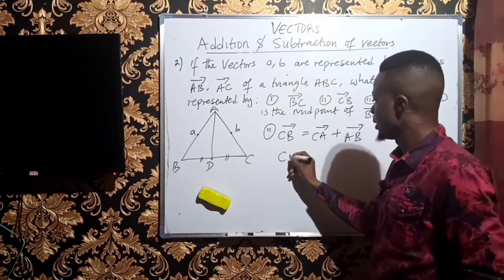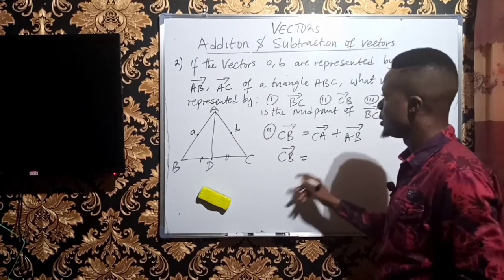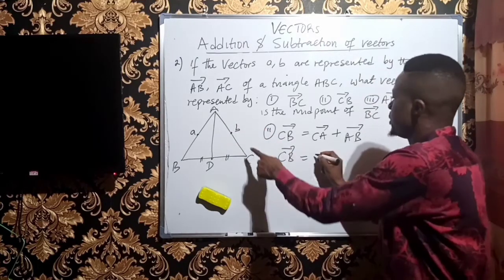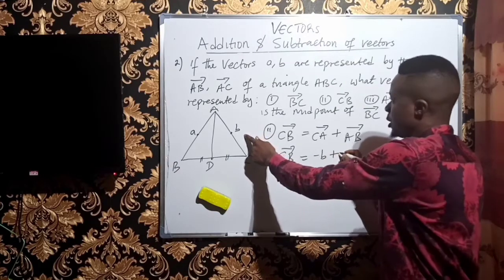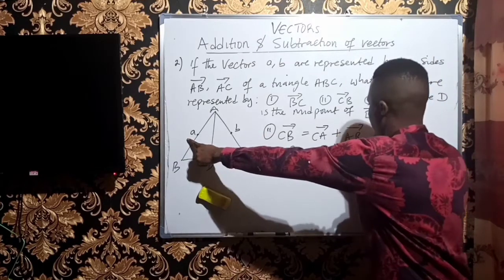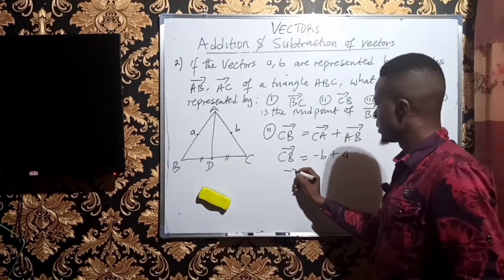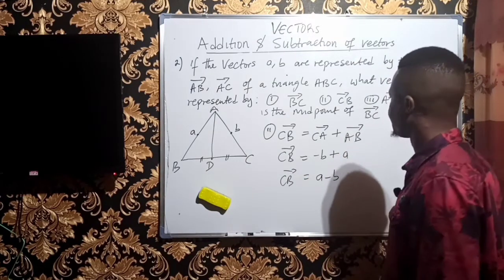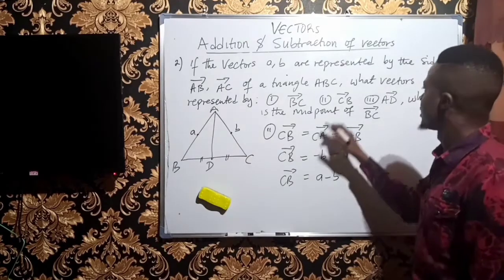So my CB will now be CA. Instead of AC, we say CA, so this B will be negative, plus AB. Our AB is A. So I can write it properly as CB equals A minus B. Alright, so I've just answered the second question.